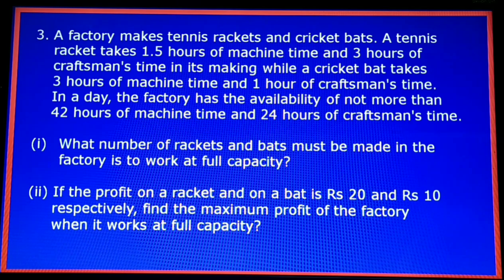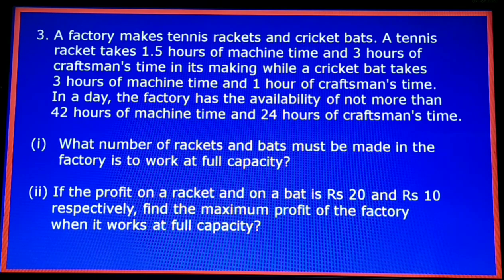In a day, the factory has the availability of not more than 42 hours of machine time and 24 hours of craftsman's time. Number 1. What number of rackets and bats must be made if the factory is to work at full capacity.